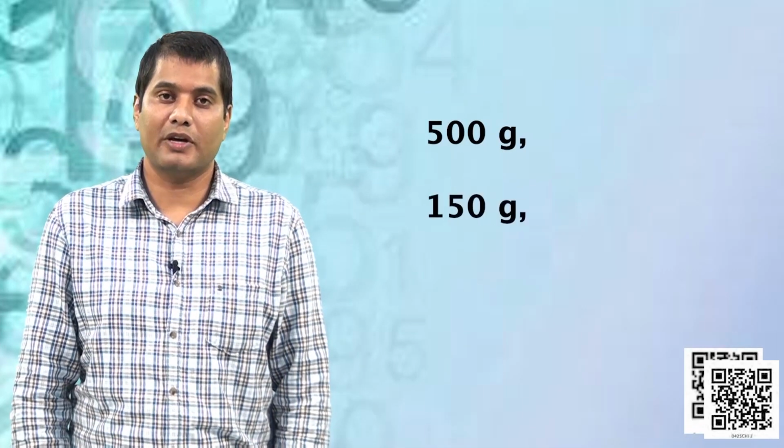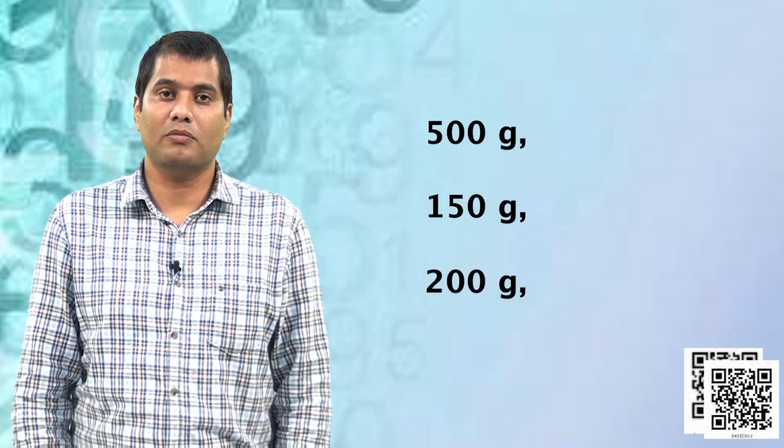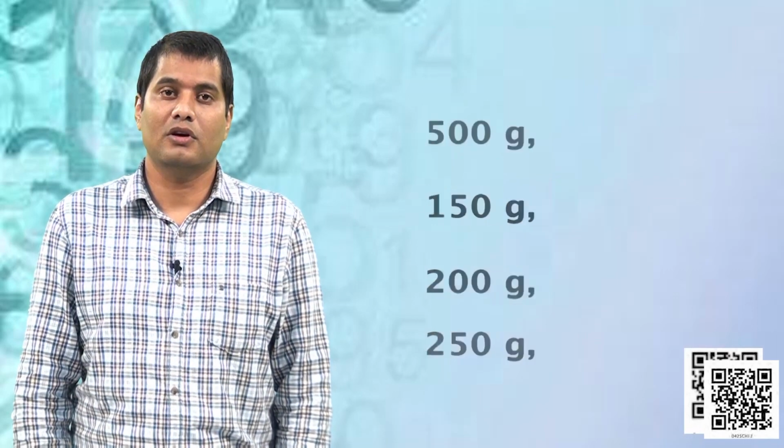Similarly, all of you make different weights of 500 gram, 150 gram, 200 gram, 250 gram using sand and different soaps, and use these weights to measure different things available in your surroundings, and note them down in your notebooks.